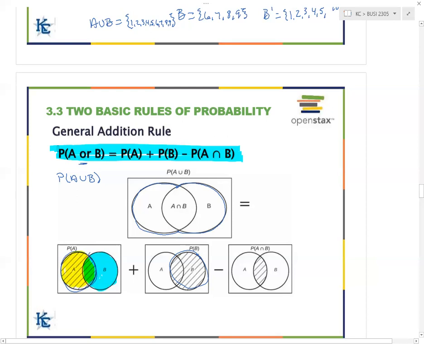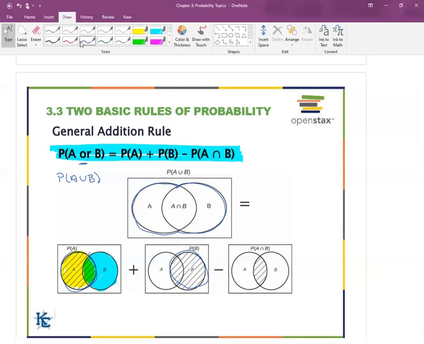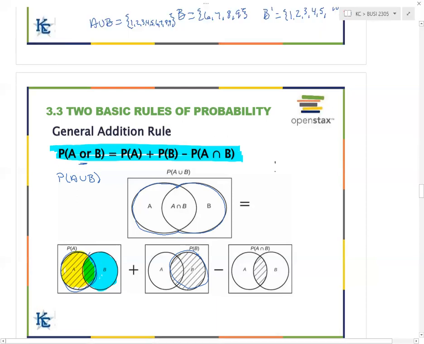Now, this is where mutually exclusive comes in. If these were mutually exclusive events, then in our Venn diagram, A and B wouldn't share anything. So they wouldn't intersect. So in that case, this value here just becomes 0.